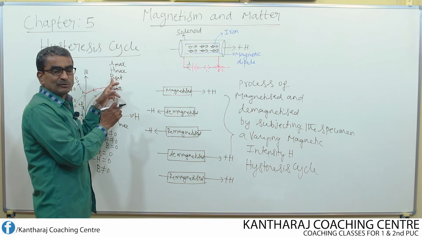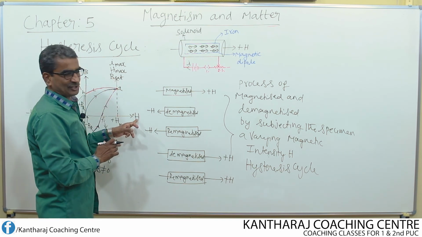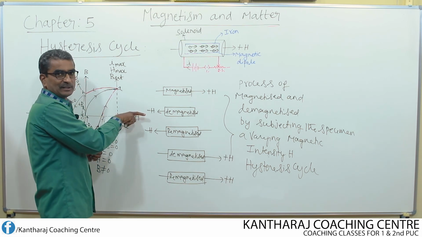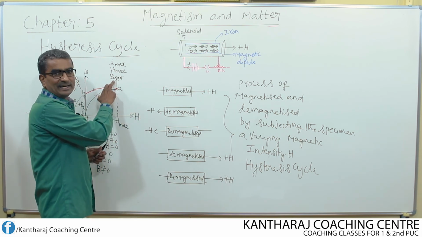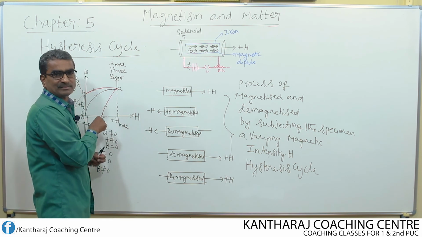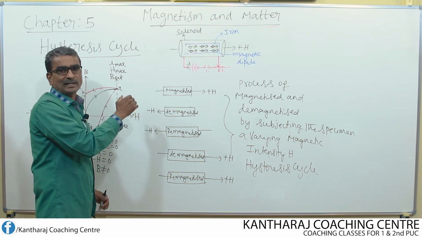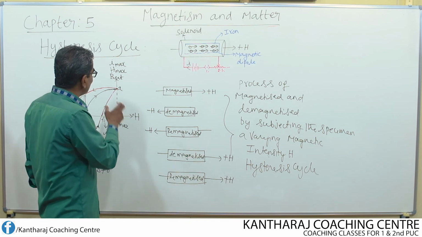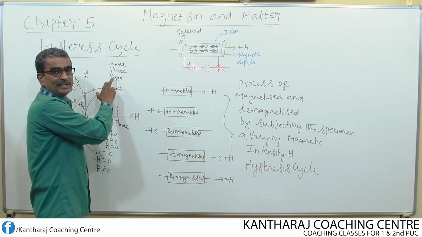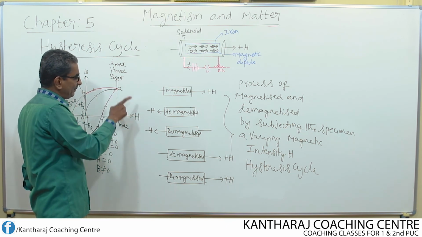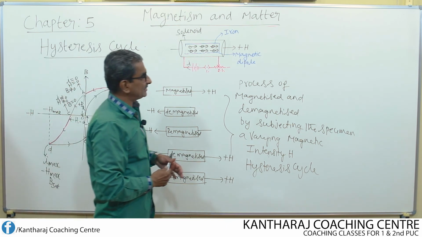That means it used to lag behind H. H can be increased further to maximum, but B never increased parallelly along with H. If H continues to increase, B at some point becomes constant. So B is said to be lagging or lying behind H, and this lagging of B behind H is known as hysteresis.